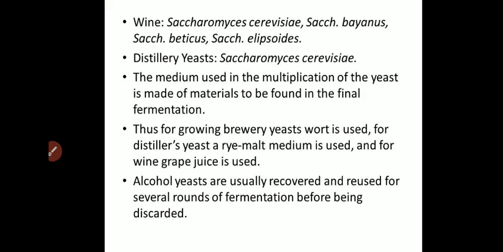During this process, proper aeration is done, because the strain which we use here carries out its proper function in aerobic conditions, so proper aeration is provided. After 72 hours, the alcoholic yeast or the distiller's yeast is removed from the fermentation tank.